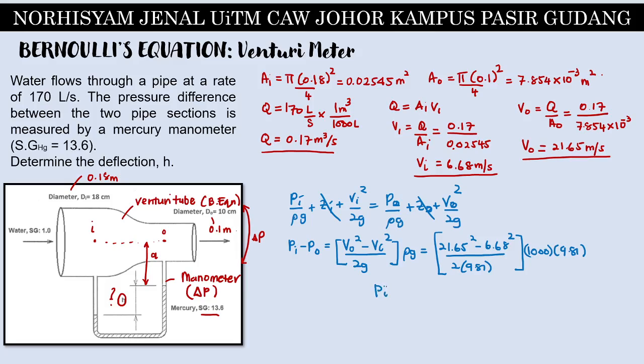So Pi minus Po should be 212,050.05 Pascal.